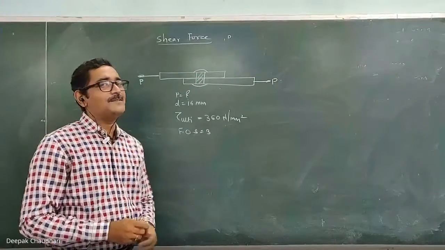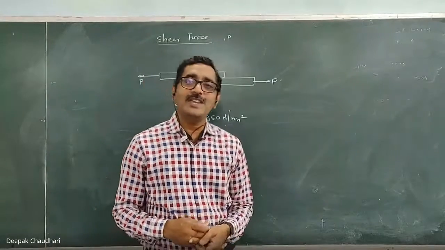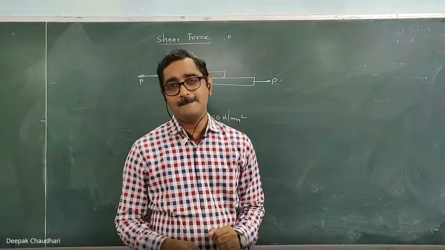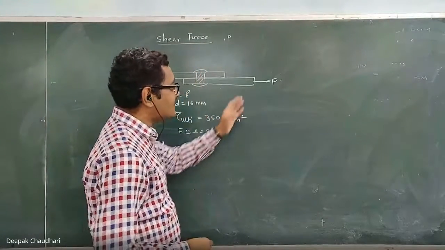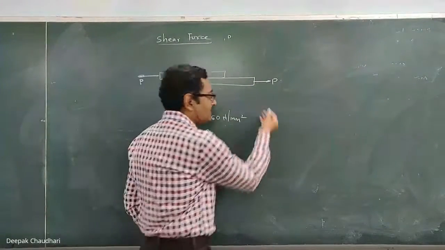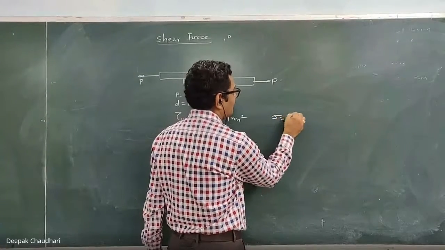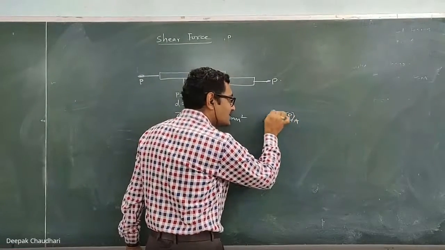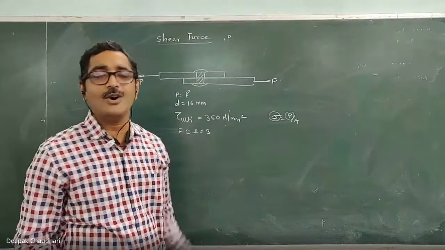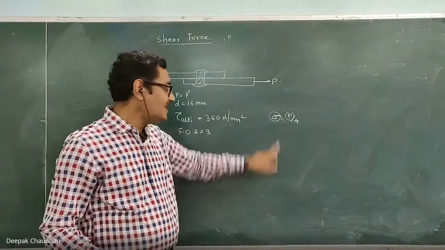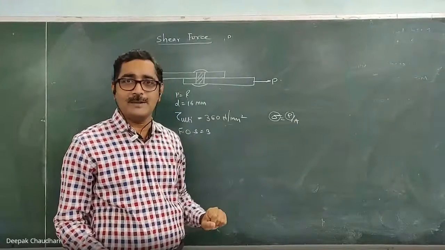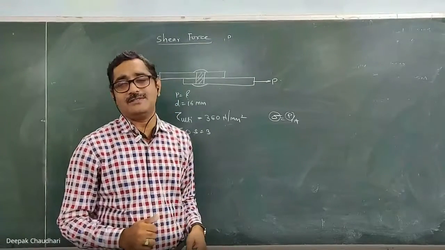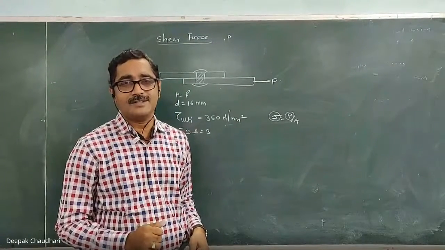Listen once again. In the previous question we solved, it asked to find out the safe force P applied. When you want to find out the safe force P applied, we know that stress equals P upon A. This is the induced stress because of the applied force P, and the induced stress should always be within the permissible or allowable limit.